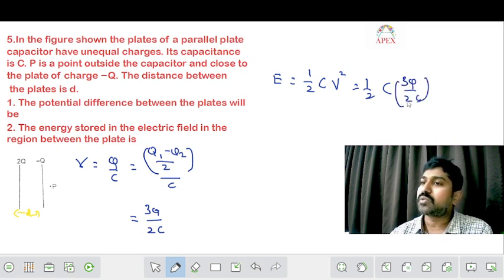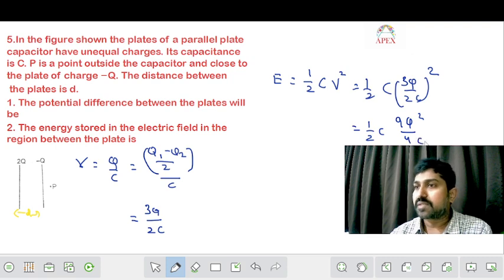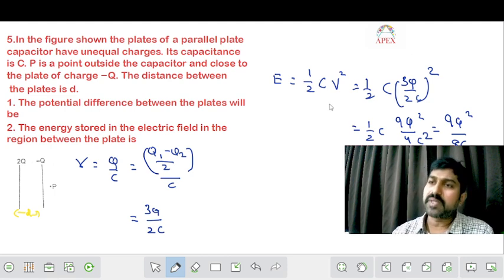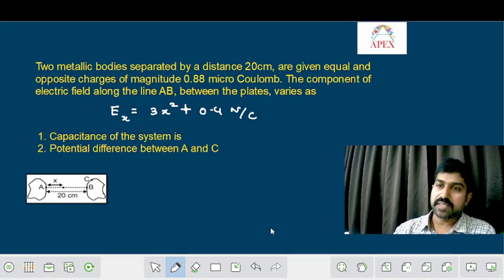So half C into (3Q by 2C) whole square, which is equal to half C into 9Q square by 4C square. Sorry, C is square here. So this will be 8C. So the answer will be 9Q square by 8C. Simply we have used the general formula half CV square. And question number 6.